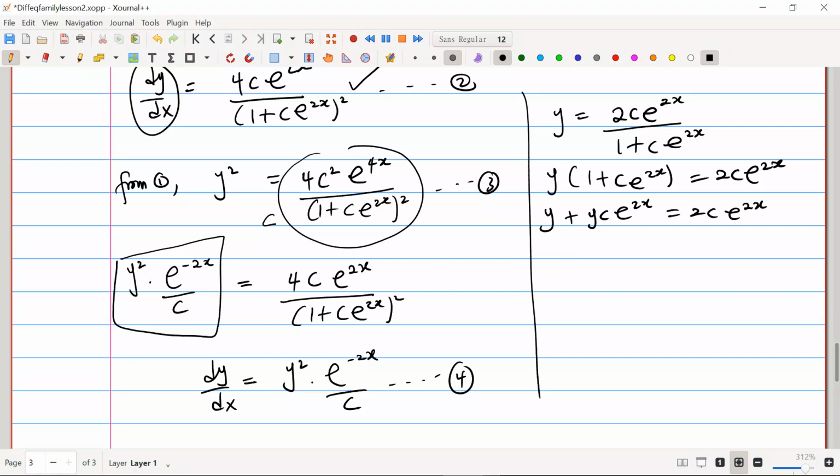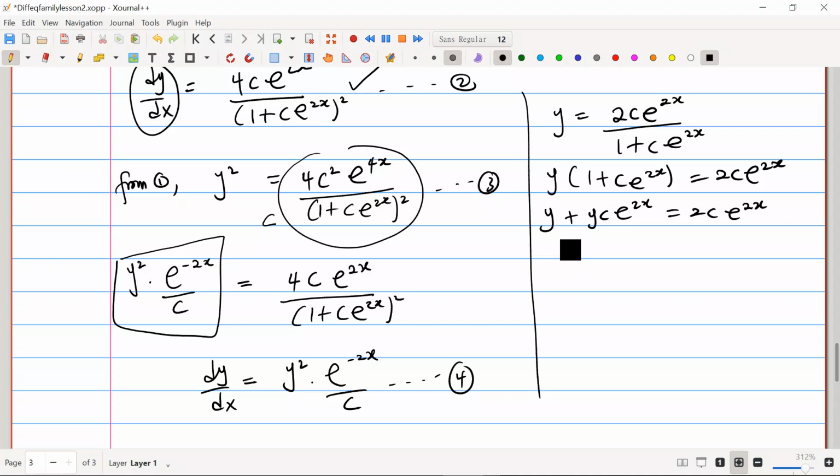Now if I group like terms, I want to make sure I solve for c in this equation. We can actually do this straight away.